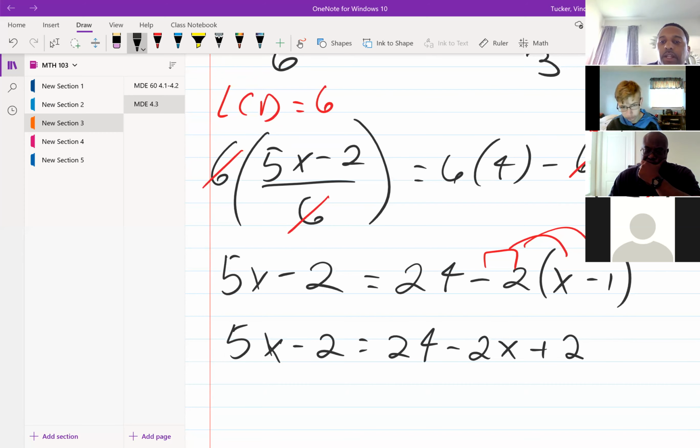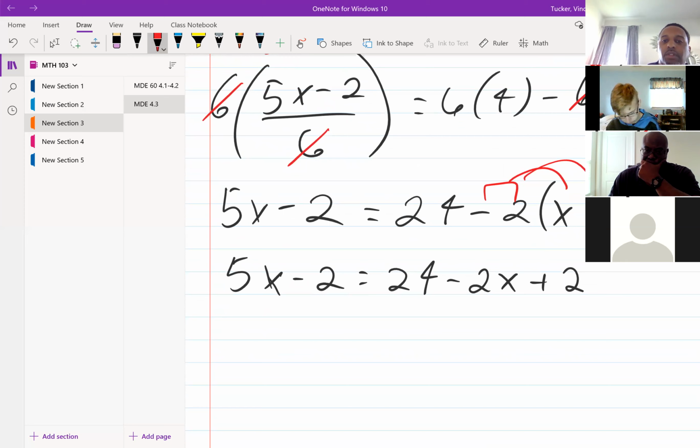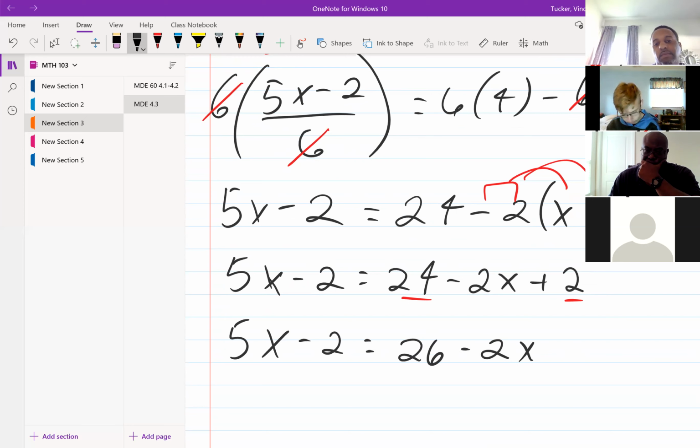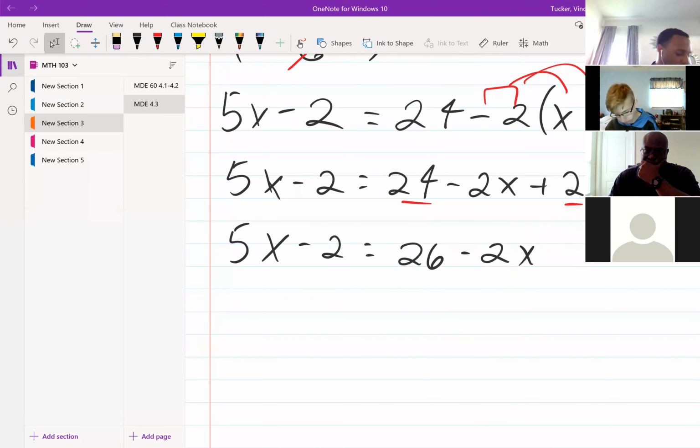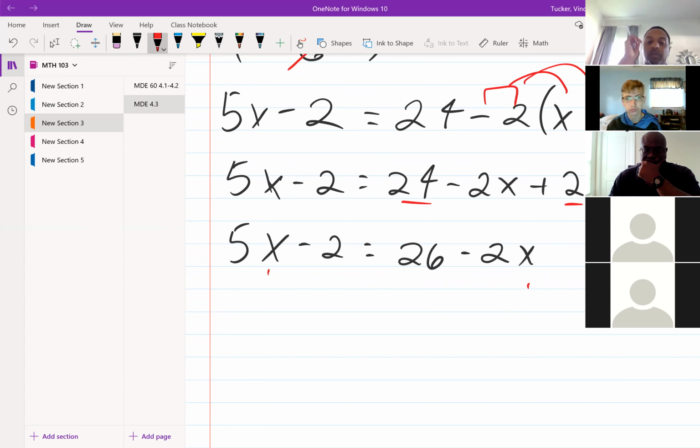And we can combine these like terms over here. Any problems so far? So now we have x terms in multiple places. Did that negative go with the x?